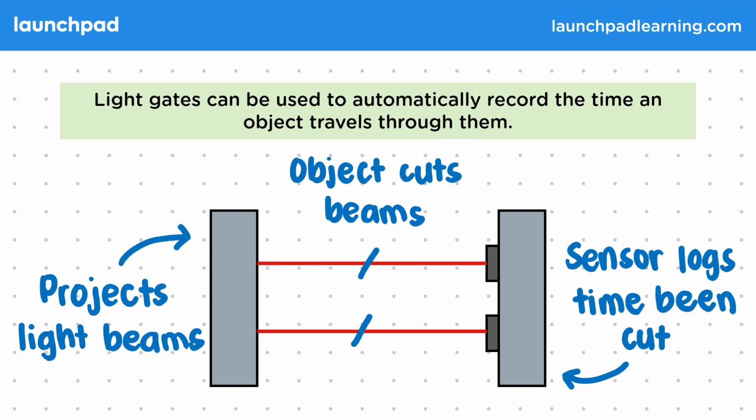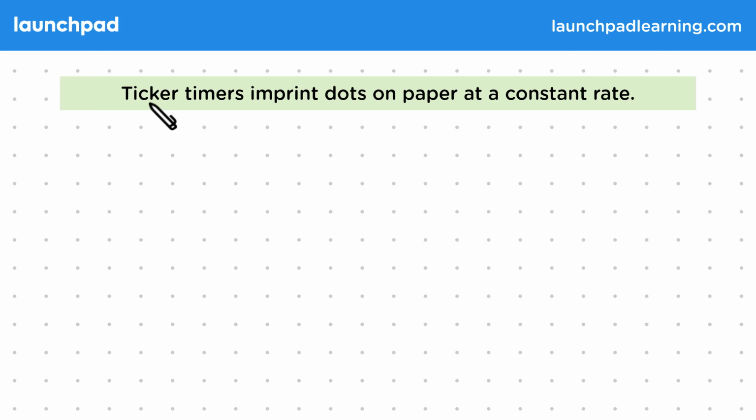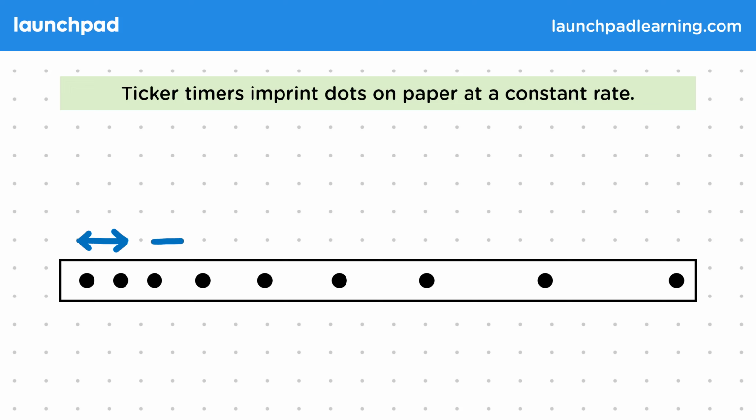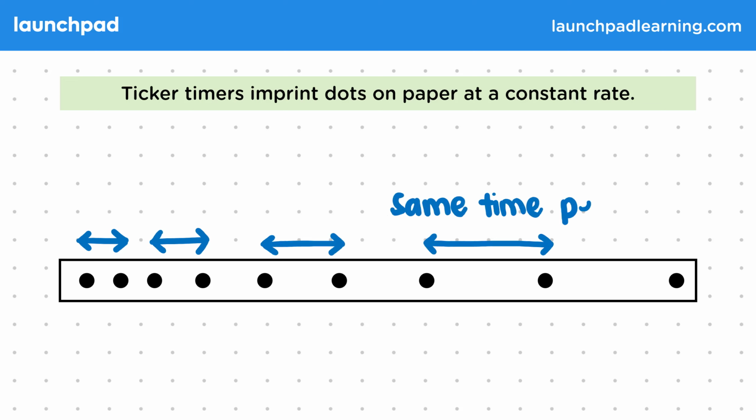So how can we measure speeds by recording distances instead of times? And how can we visualize these distances? Ticker timers imprint dots on paper at a constant rate. So in the example seen here, the same amount of time has passed between each dot being imprinted.